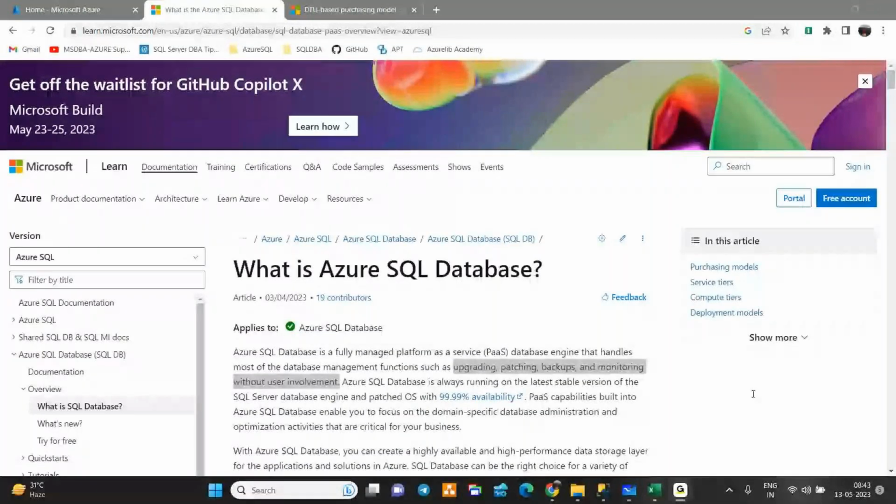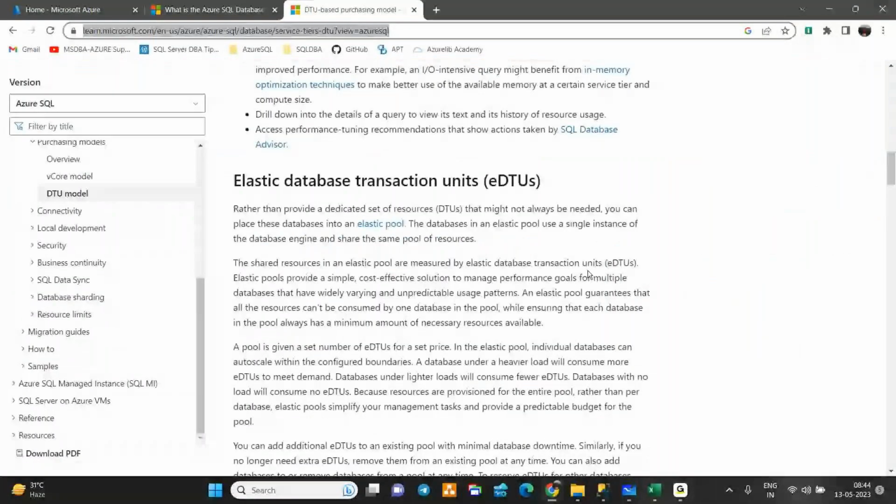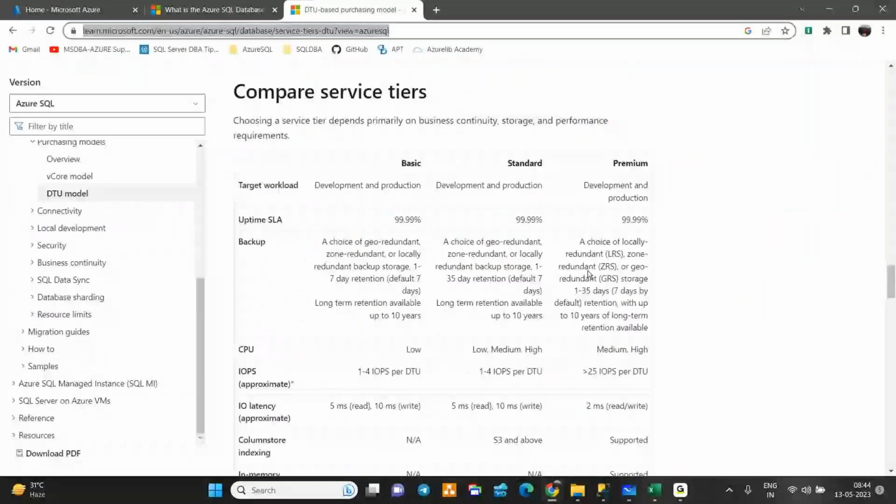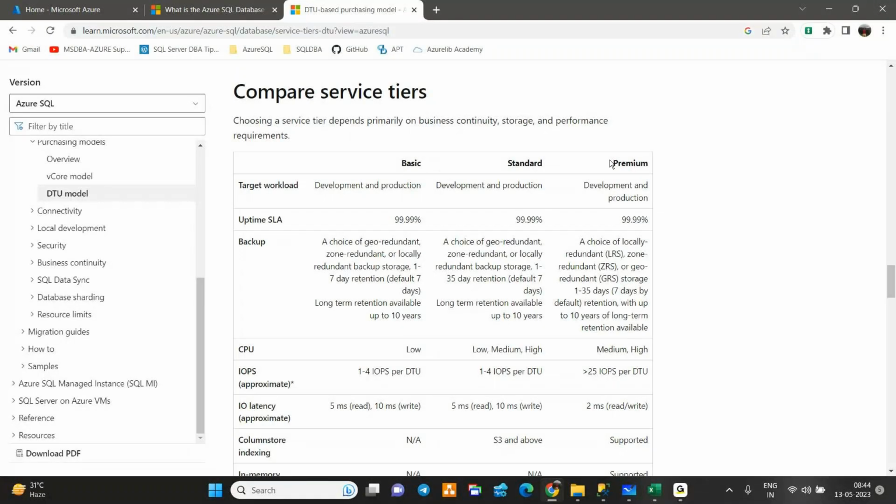Now when you go to the DTU model, we have three options, sir. Scroll down a little bit. One is basic, one is standard, one is premium. Microsoft says you can go for development and production; all three models are fit for production.